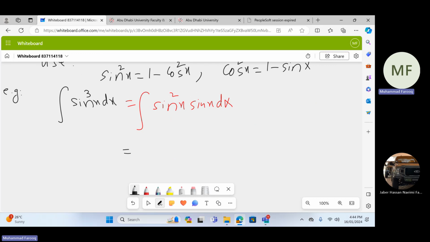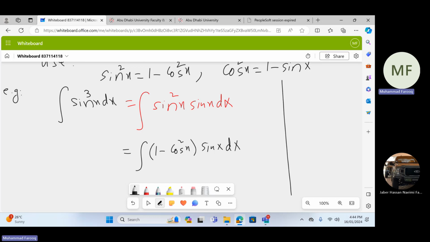So next, the integral is 1 minus cosine square x, then sine x dx. So you break the power, you use the identity. Next, you use substitution.